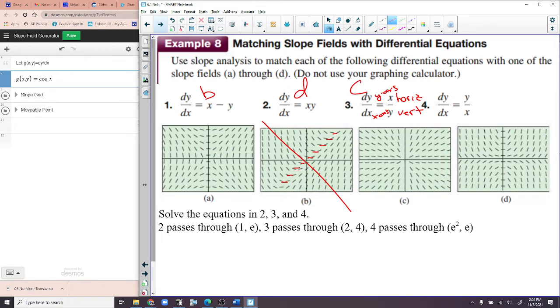What haven't we used? A. So horizontal on the y. Horizontal on the y. Ooh. Wait a minute. This one's A, right? This is A. That's not C. That's A. This is C. Yeah.